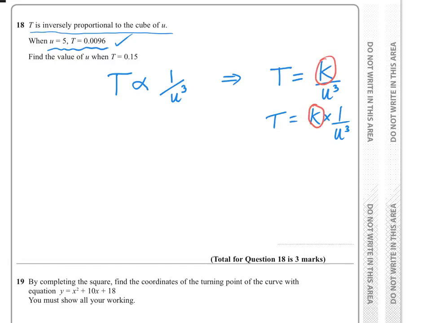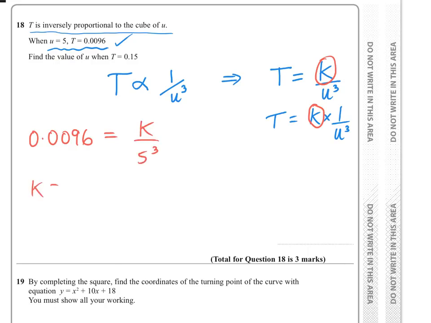So I'm not going to go into too much detail on these, because I've done these on previous questions before with probably more detail than what you really needed. So let's just put the values in and see if that helps us find the value of k. This is a calculator paper, so we're going to be okay with this. If t is 0.0096, that will be equal to k over 5 cubed.